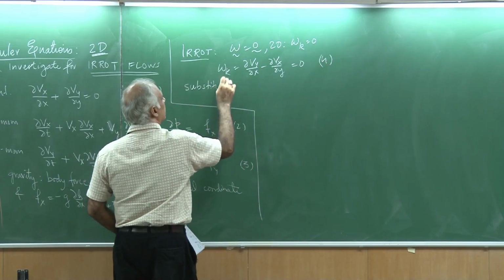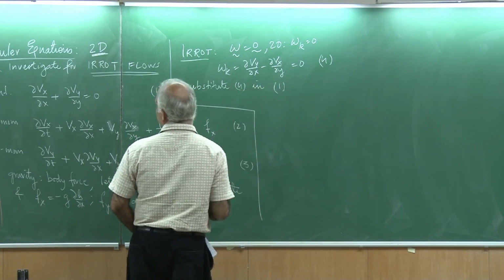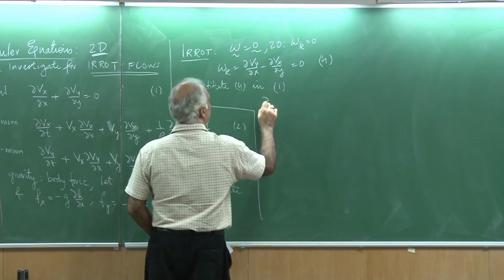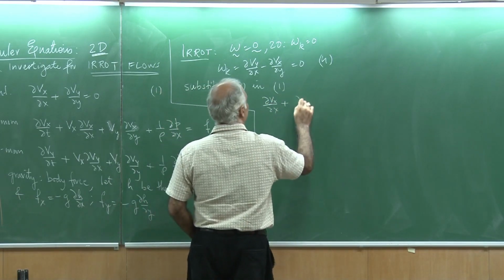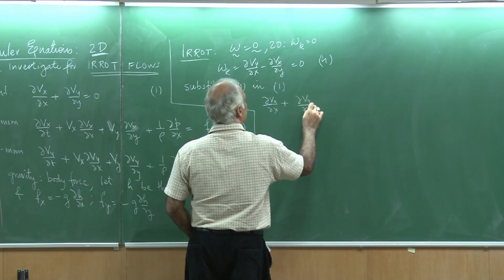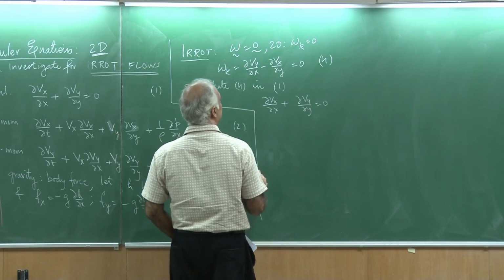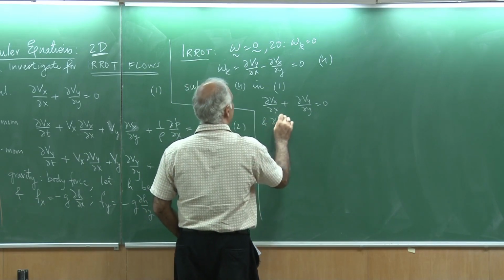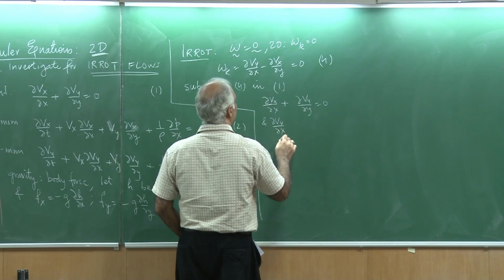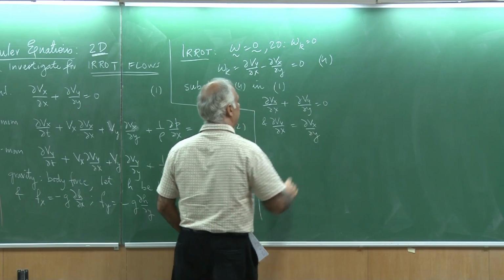So, substitute 4 in 1. So, I would get del Vx by del x plus del Vy by del y equal to 0, right, and del Vy by del x, this is del Vx by del y.